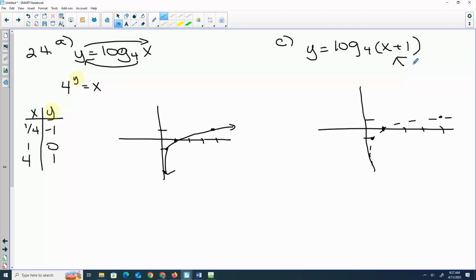What would this plus 1 do to my graph? If you move left or right, you have to move your vertical asymptote. So now we have a vertical at -1, and we just move each of these points to the left. So it should look like that.